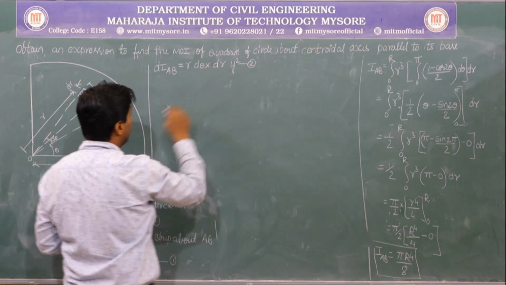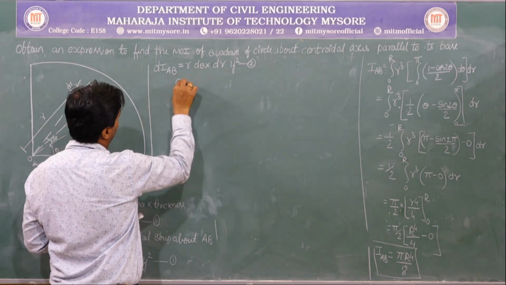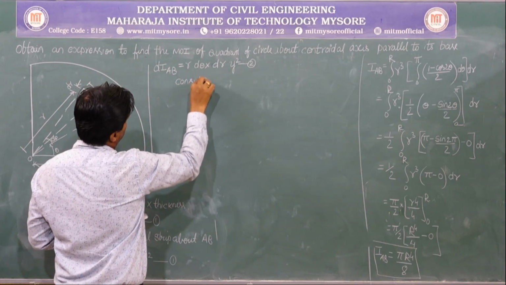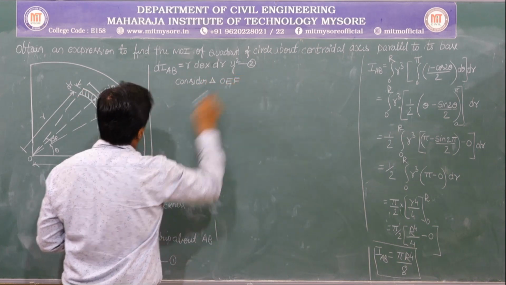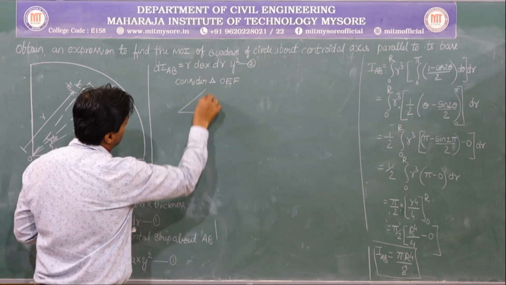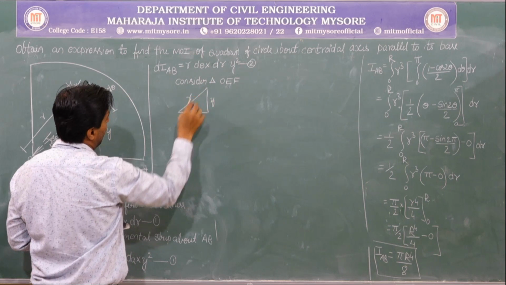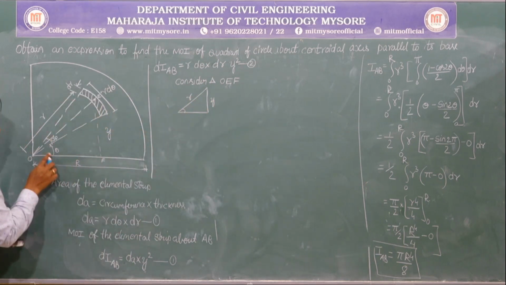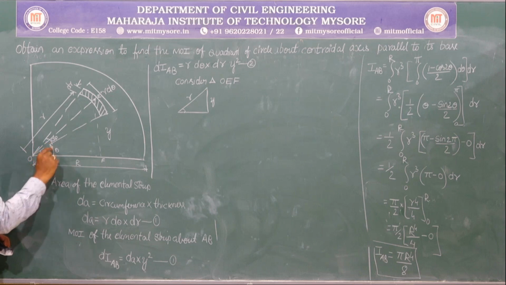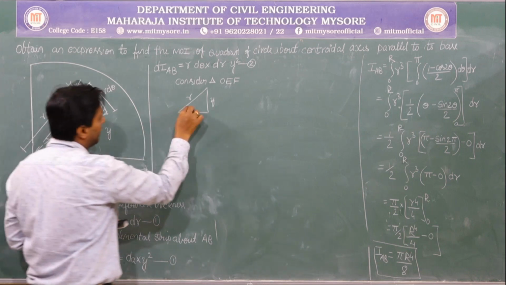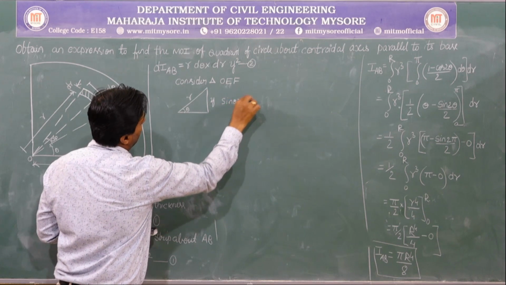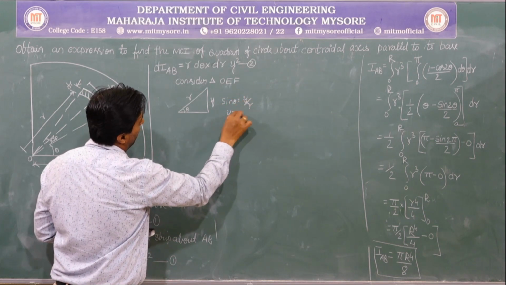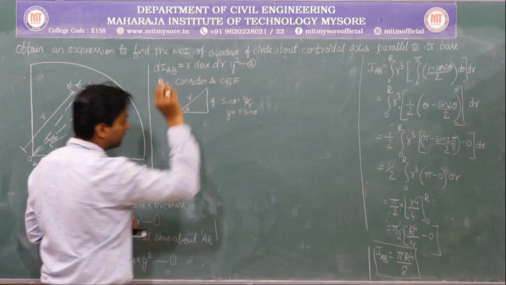But y, let me take it from the triangle. Consider triangle OEF. So it's a triangle now. This is y, this is r, this is theta. Observe here. This angle from the center it is theta plus d theta by 2. So d theta by 2, it's very small. So that's why I have taken it as theta only. So I am applying sine theta. Sine theta is y by r, or y is equal to r into sine theta.